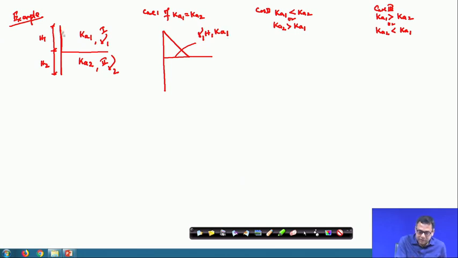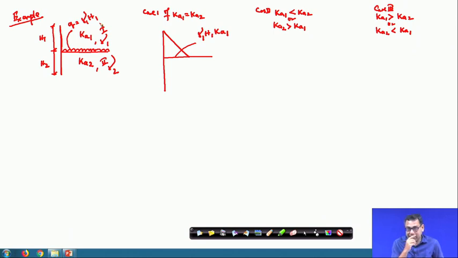Now, this first layer soil overburden pressure will act as a surcharge on the second layer. The surcharge Q is equal to gamma 1 into H 1, and that Q will act on the second layer.